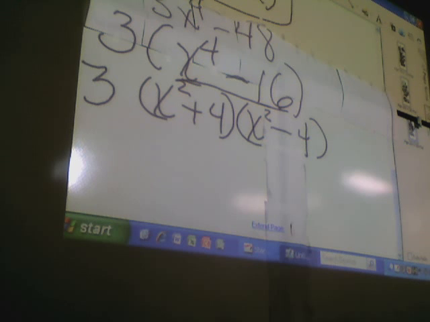Can we factor either one of these out? Is either one a difference of squares, or have anything in common? We have a difference of squares right there. So we're going to be able to factor it again. X squared is x times x. 4 will be 2 times 2.